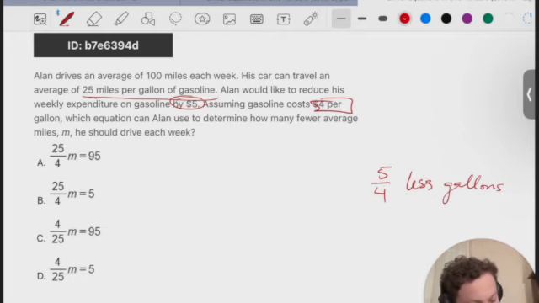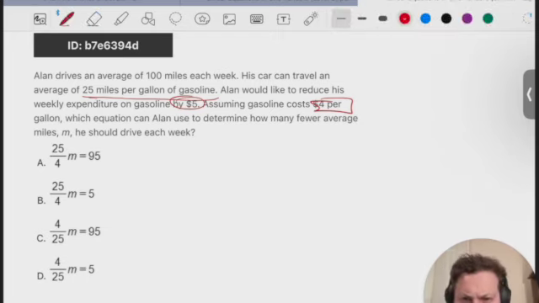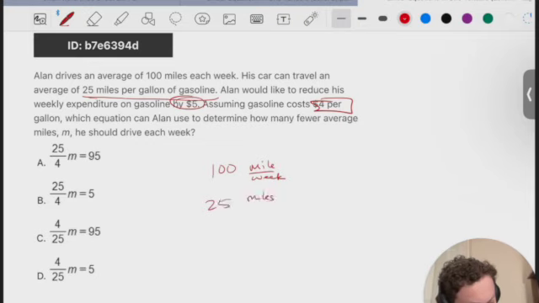Why is this? Let's scratch that. Let's think about this a different way. 100 miles per week. 25 miles per gallon. And there are $4 per gallon. Which equation can Alan use to determine how many fewer average miles he should drive in a week?